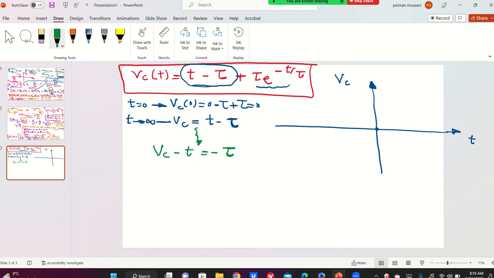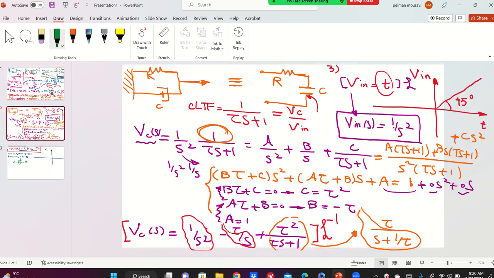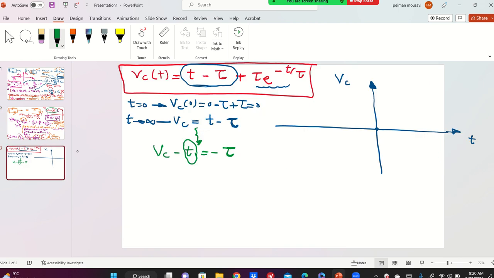Yes? Okay. So what is t? Input voltage, that's right? Yes? So it's going to be Vc minus input voltage is tau. What's the name of this in the block diagram? Look at here.